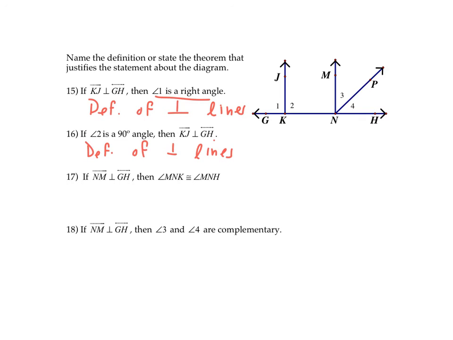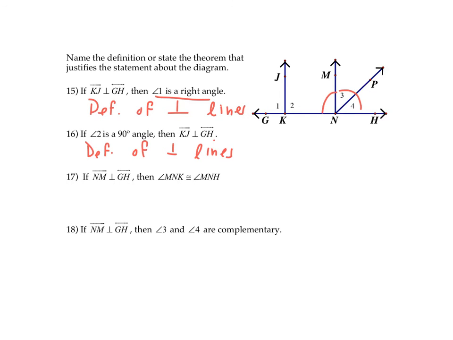All right, and number 17, we're switching things up a little bit. It says if ray NM is perpendicular to GH, then angle MNK, right here, is congruent to angle MNH. So this one, we're going to have a theorem.